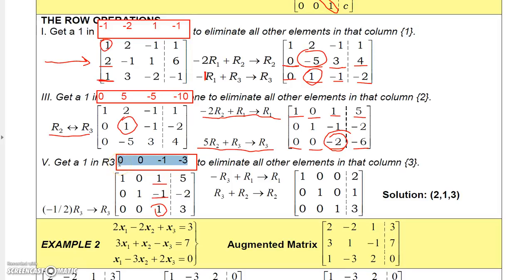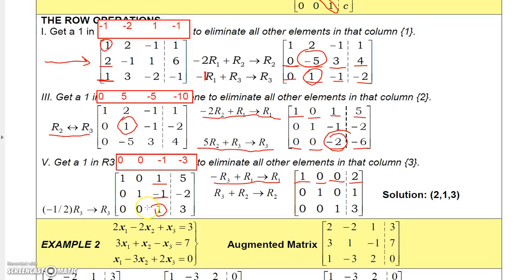And then I want to add those results to row 1. So I'm going to add the result to row 1 and then put the final result in row 1. So I have 0 plus 1 is 1. I have 0 plus 0 is 0. I have negative 1 plus 1 is 0. And I have negative 3 plus 5 is 2.